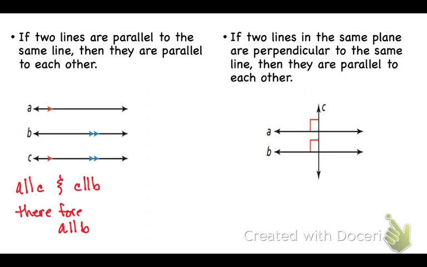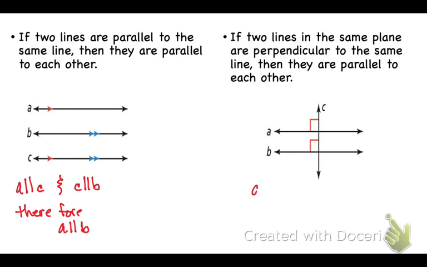Okay, if two lines in the same plane are perpendicular to the same line, then they are parallel to each other. So what that says, there's not much to do. Perpendicular means they form a what? What kind of an angle? Right angle, a 90-degree angle.